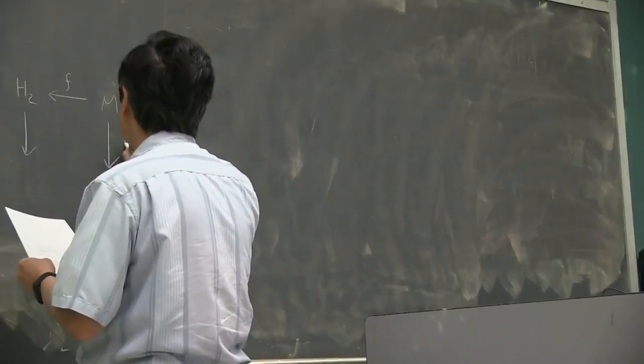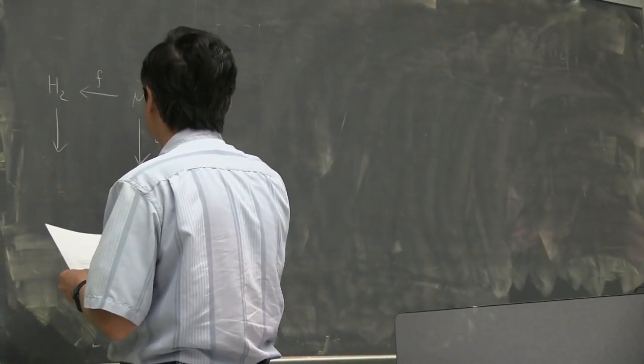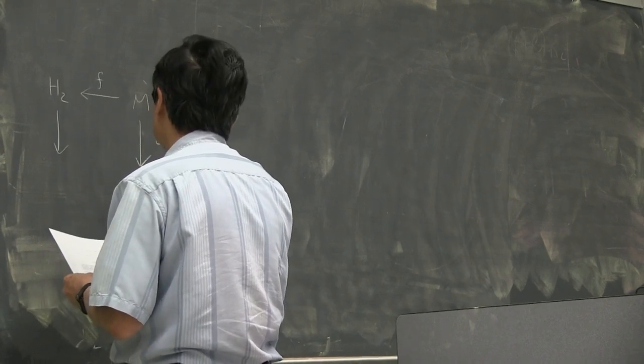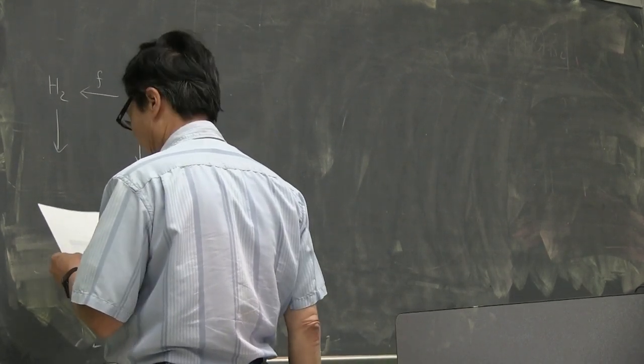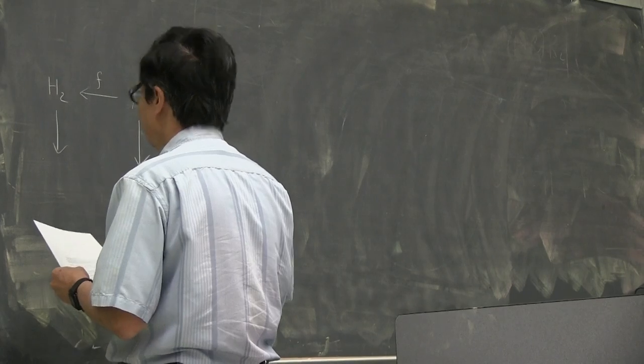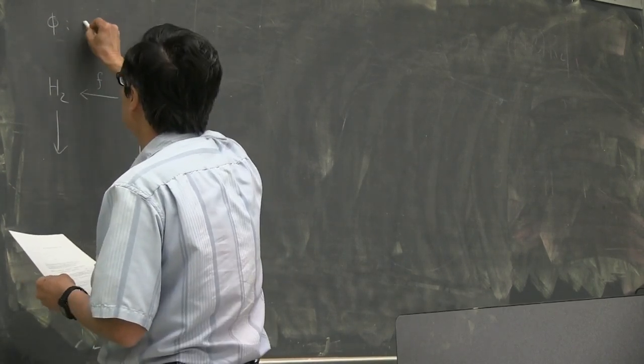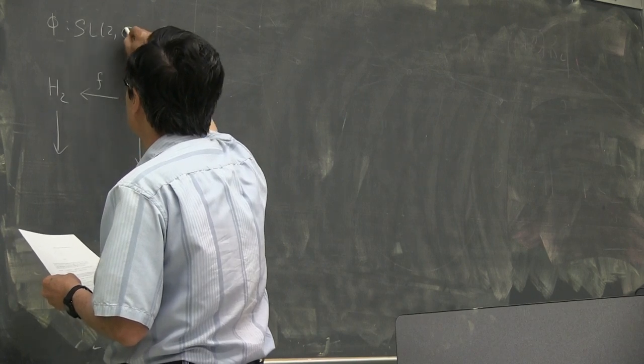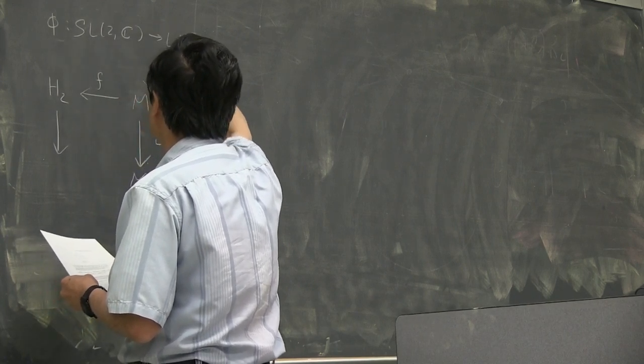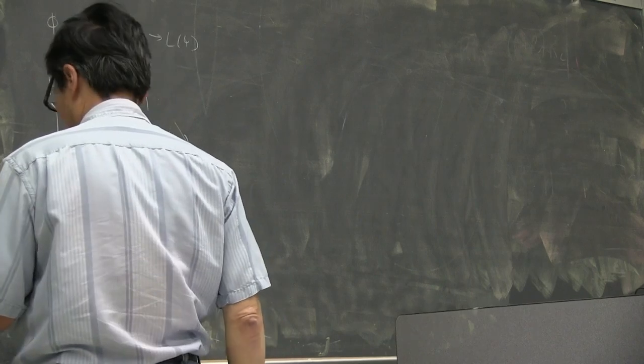The L4 are the things which map M to M, which preserve the length of the vectors. And we are going to define a group homomorphism going from the group SL2C to the Lorentz group, like this.